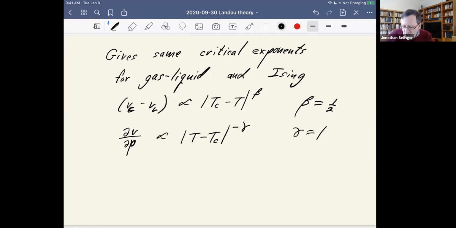So these are the same kinds of trends that we found for the Ising model, and here they're showing up in the liquid gas transition because they're coming from the same kind of power series expansion. So this can be regarded as a unified treatment that applies to both of these phase transitions and can apply to other sorts of phase transitions also, as we'll be getting into later on in the semester.